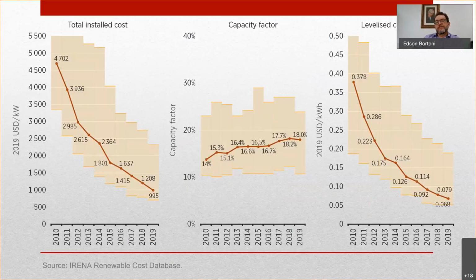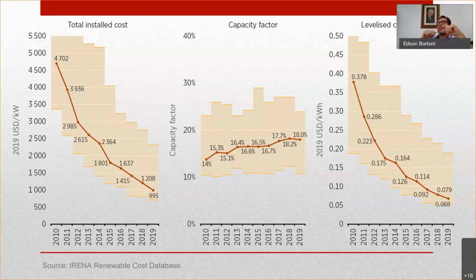The cost of energy is reducing, and the capacity factor is about 18%. As I said before, you have sun only during the day, and during the night you don't have sun, so the capacity factor is at maximum 50%.